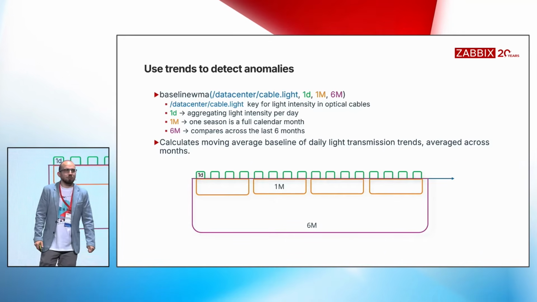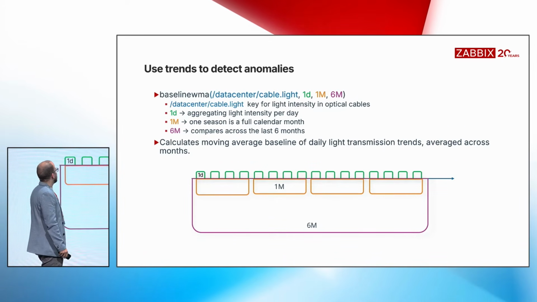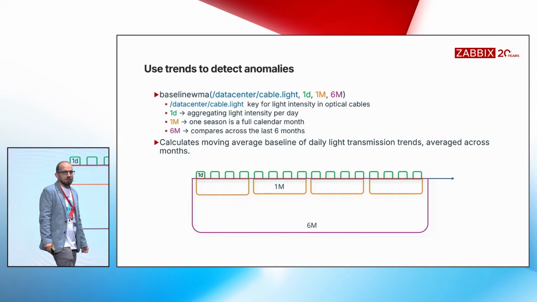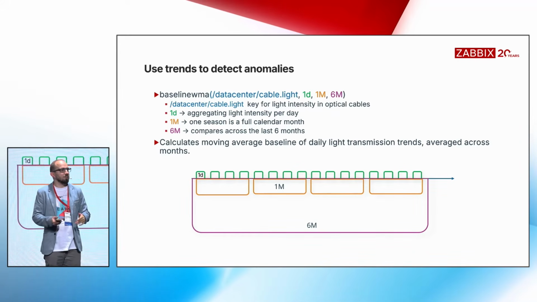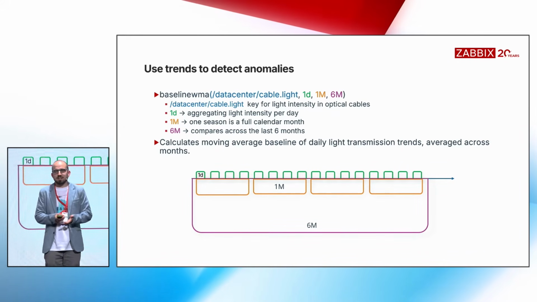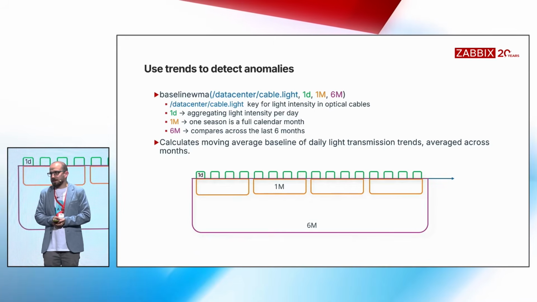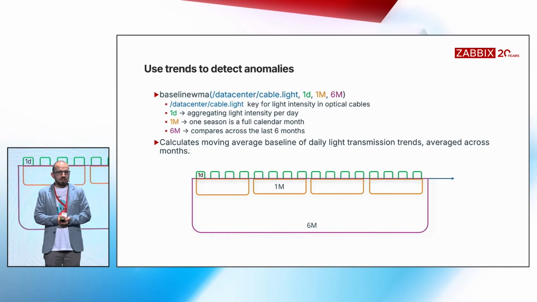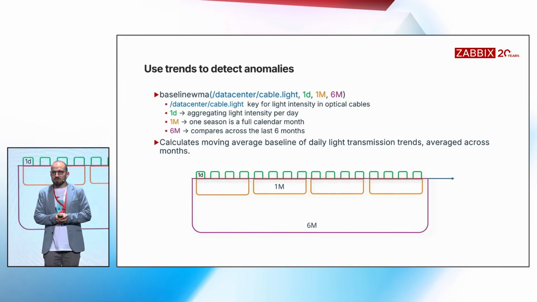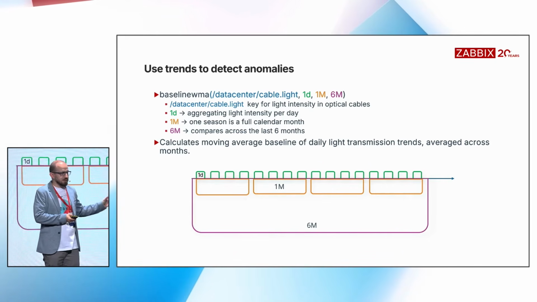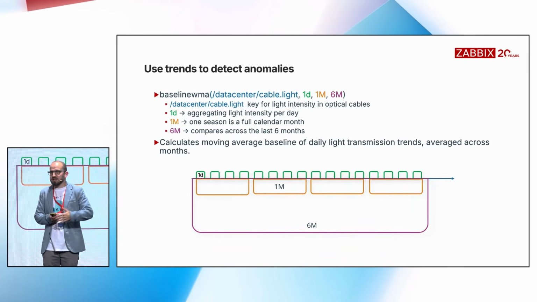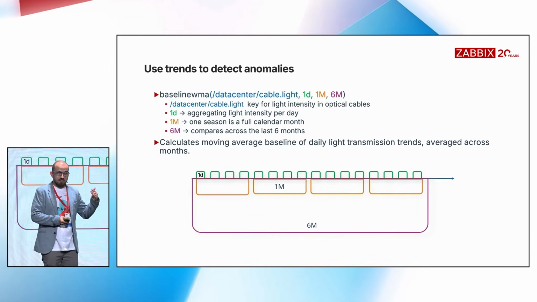And to detect anomalies, you can use a function such as this. This is also based on a real-life trigger where the amount of light is monitored in optical cables. Obviously in optical cables, the amount of light should be the same most of the time if everything is fine. But sometimes something can happen. Someone may try to take the cables home. Someone may do construction works at the place where the cables are with heavy machinery, right?